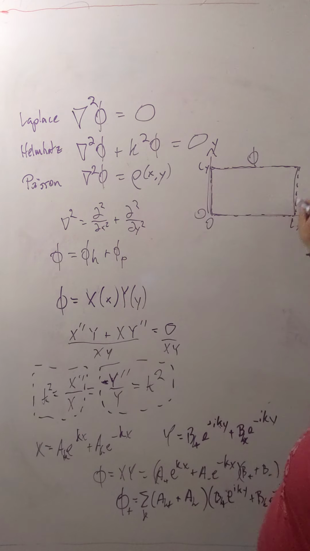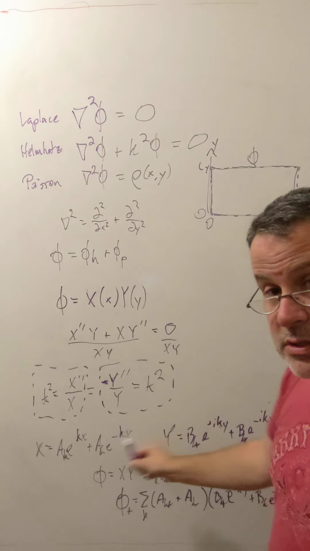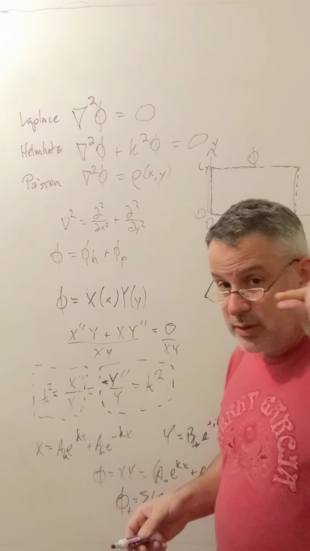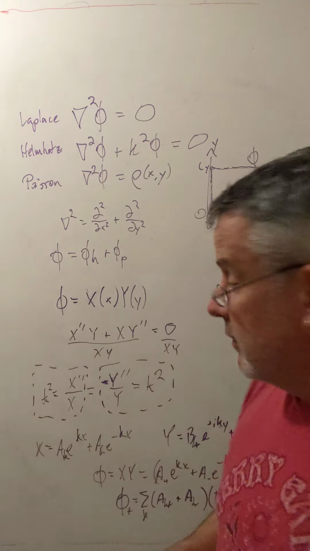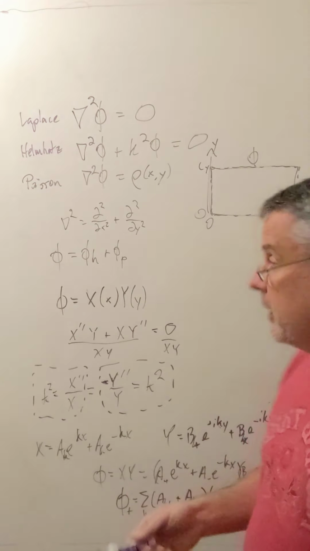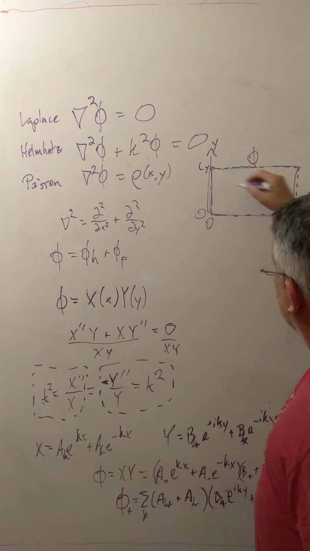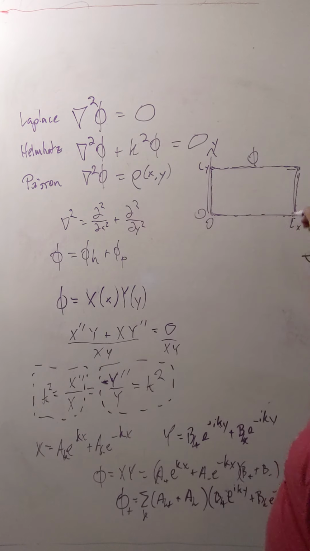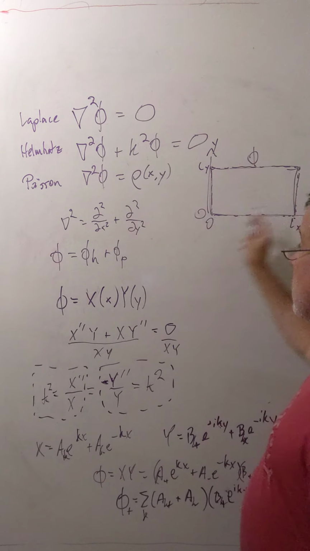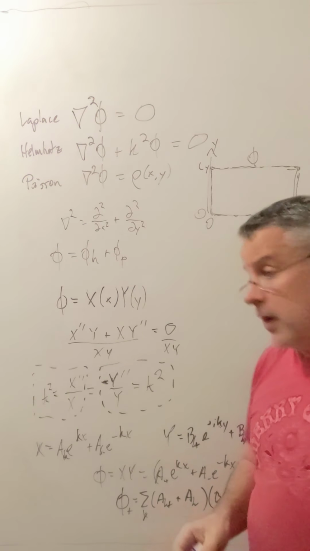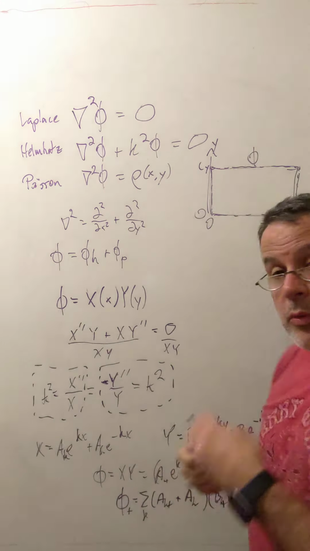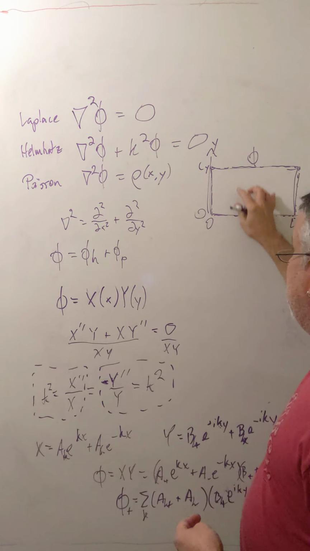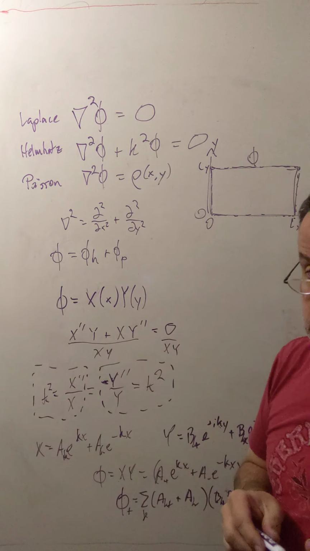If I go all the way around, I keep switching which one of those is the Fourier transform and which one is the exponential, because remember, I got to choose whether k squared was negative or positive. I could do a Fourier transform in y, another Fourier transform in y, a Fourier transform in x, another in x, and I could match all four of those boundary conditions with four different Fourier transforms. Along with each Fourier transform, I would have an exponential growing or decaying solution that allowed me to patch through the middle from one side to the other.